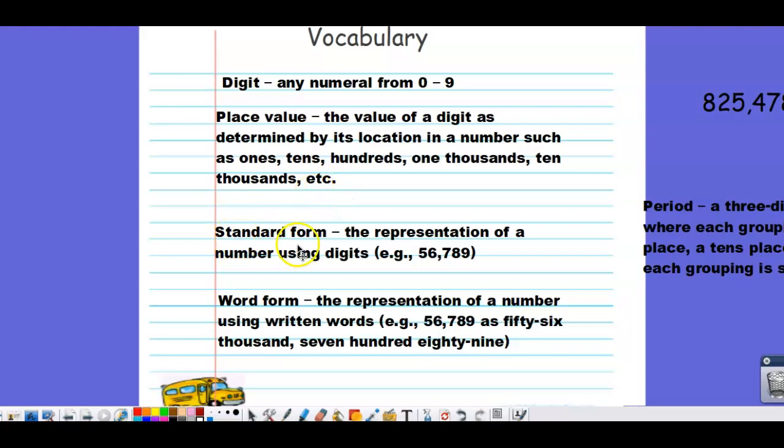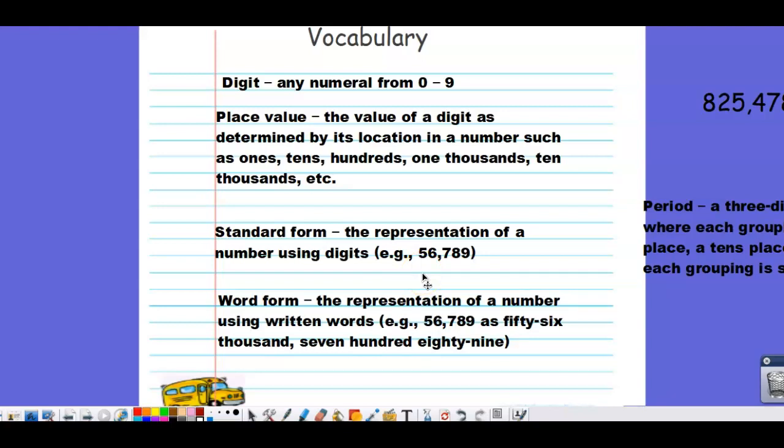This is another one that's called standard form. It's the representation of a number using digits. So if I have this right here, this is a 1, 2, 3, 4, 5 digit number, right? So we talked about that up at the top. But then you wouldn't actually say 5, 6, 7, 8, 9 for a number, would you?